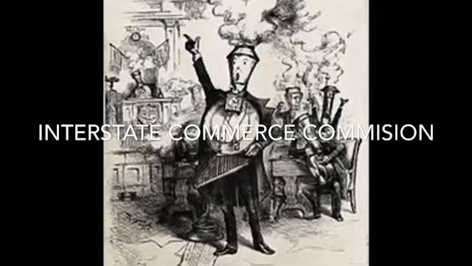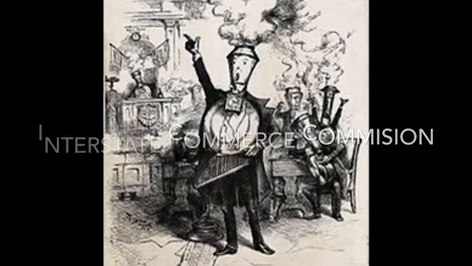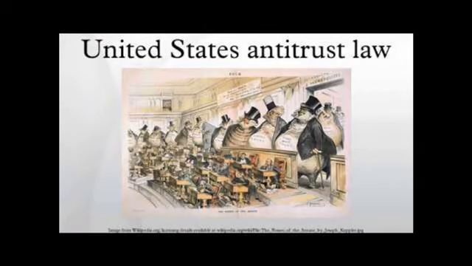One of these laws was the Interstate Commerce Commission. What this did was make it so that the railroad wouldn't charge too much for the people who would use the trains. Another one of these laws was known as the Sherman Antitrust Act. This prevented the corporations from forming cartels and controlling the prices.